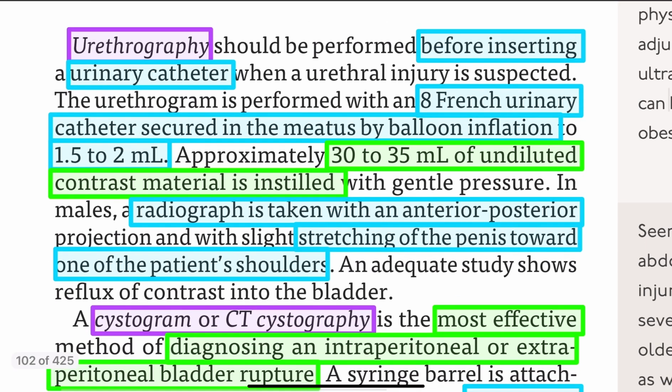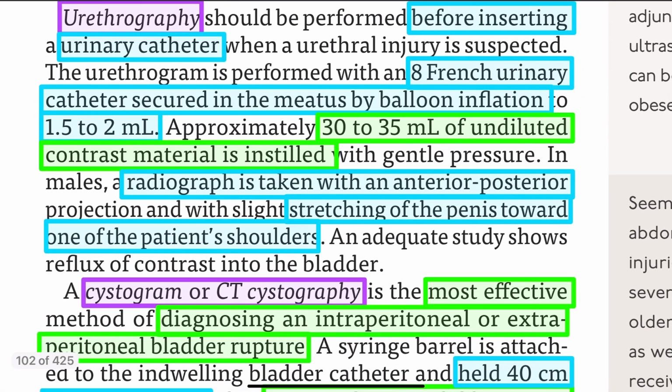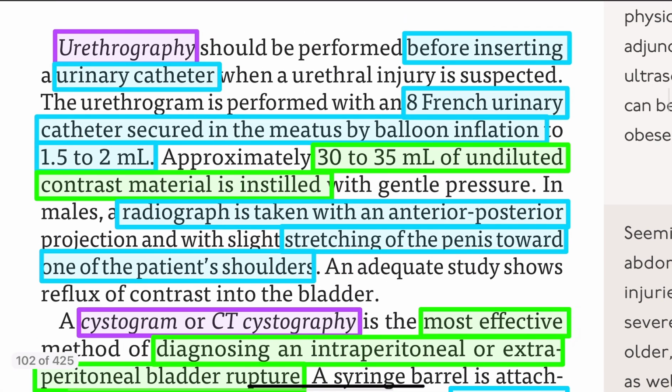A radiograph is taken with AP projection, with stretching of the penis towards the patient's shoulder. Okay, so this is urethrography.